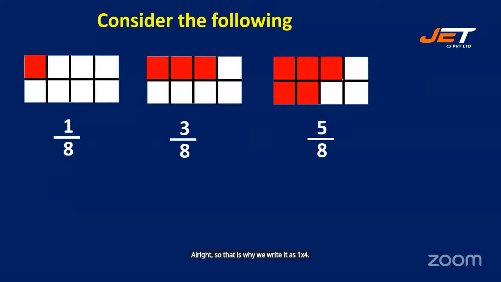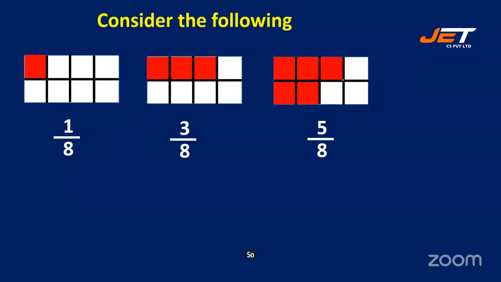All right. Now consider the following. Here we have 1 by 8, 3 by 8, 5 by 8. So when the denominator is the same, the greater the numerator, the greater is the value of the fraction.